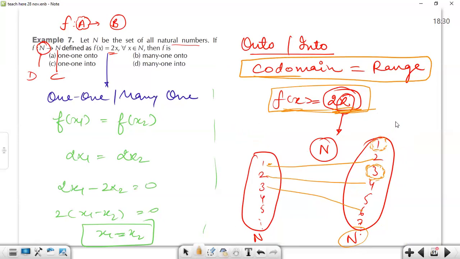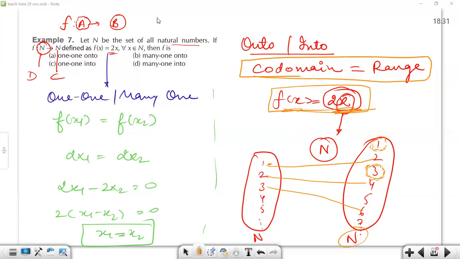Think and answer. No. Is 1 getting mapped?